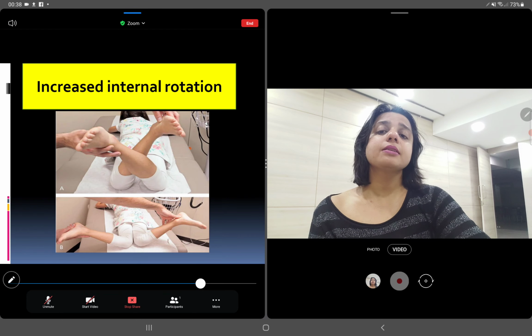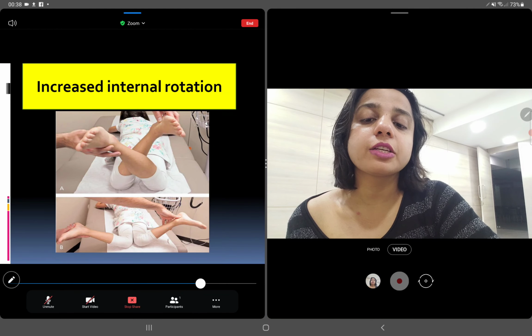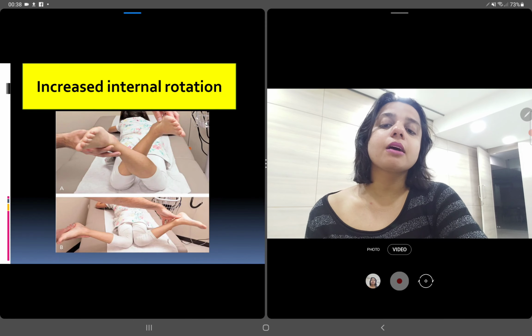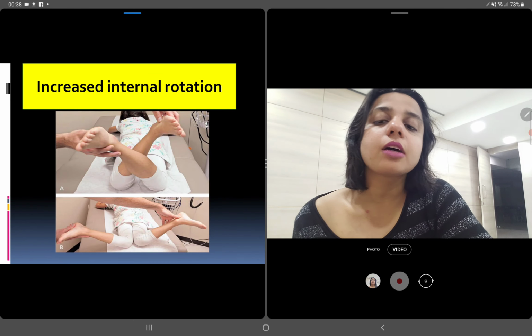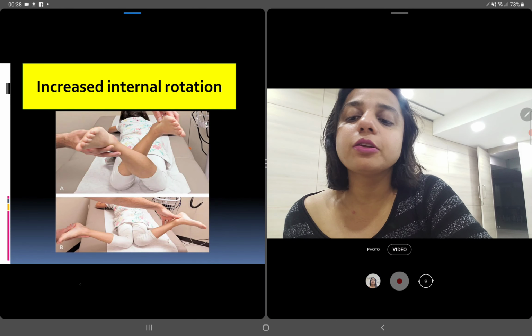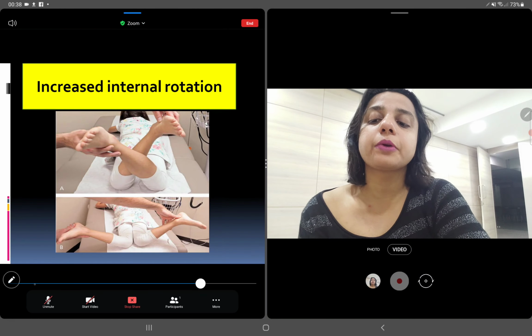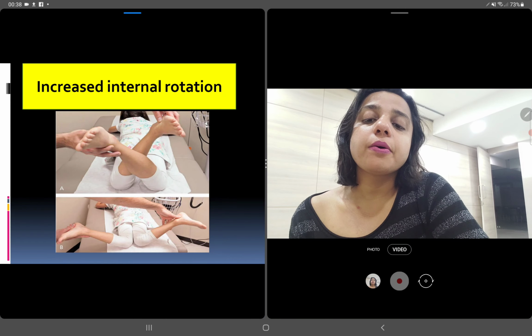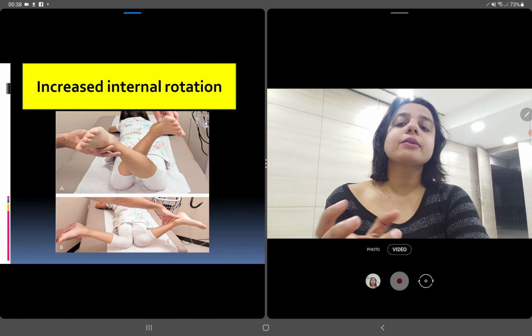Now you can see here increased internal rotation. The leg is almost touching the couch. It means there is increased internal rotation. How do you calculate the internal rotation? You can calculate it with the vertical axis. But external rotation decreases.